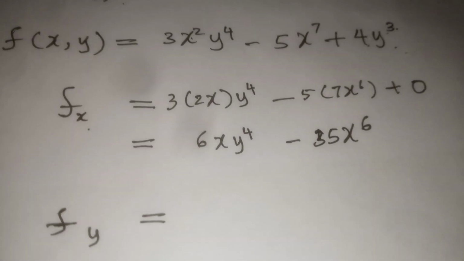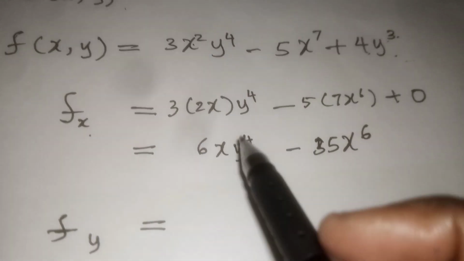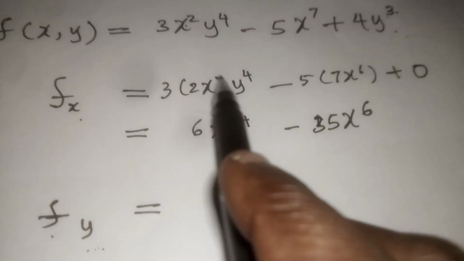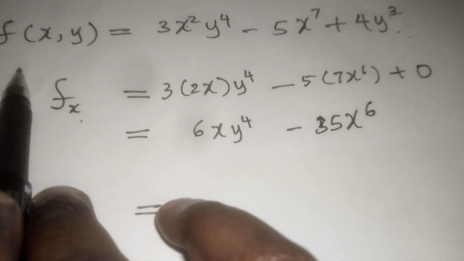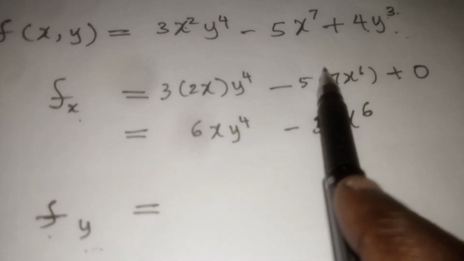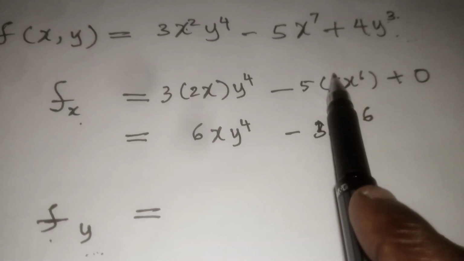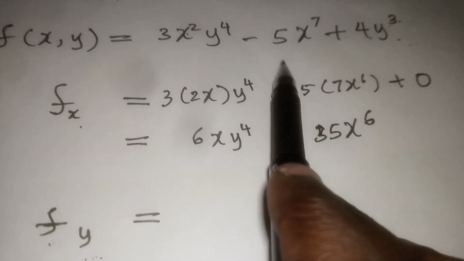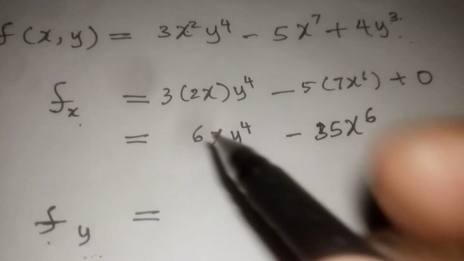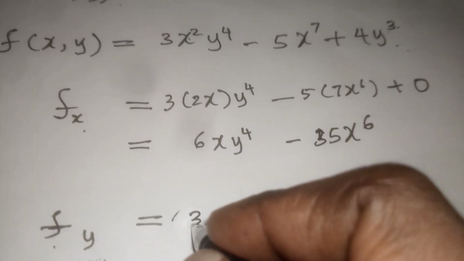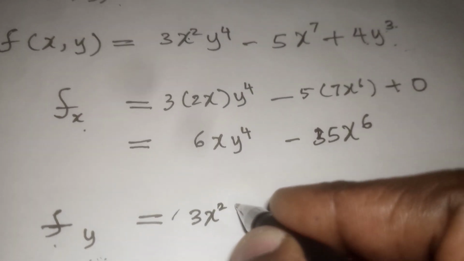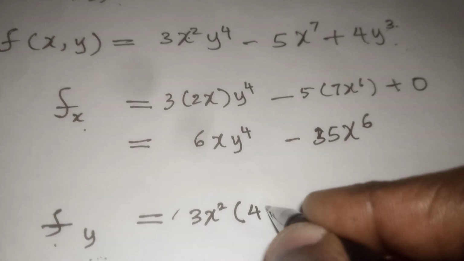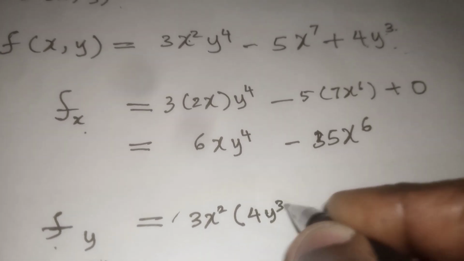Now fy. For fy, we differentiate f with respect to y. It means that in this equation only y is variable. The remaining terms are constant. Here we have to differentiate only y. 3x squared is constant, and we differentiate y power 4, we get 4y cubed.